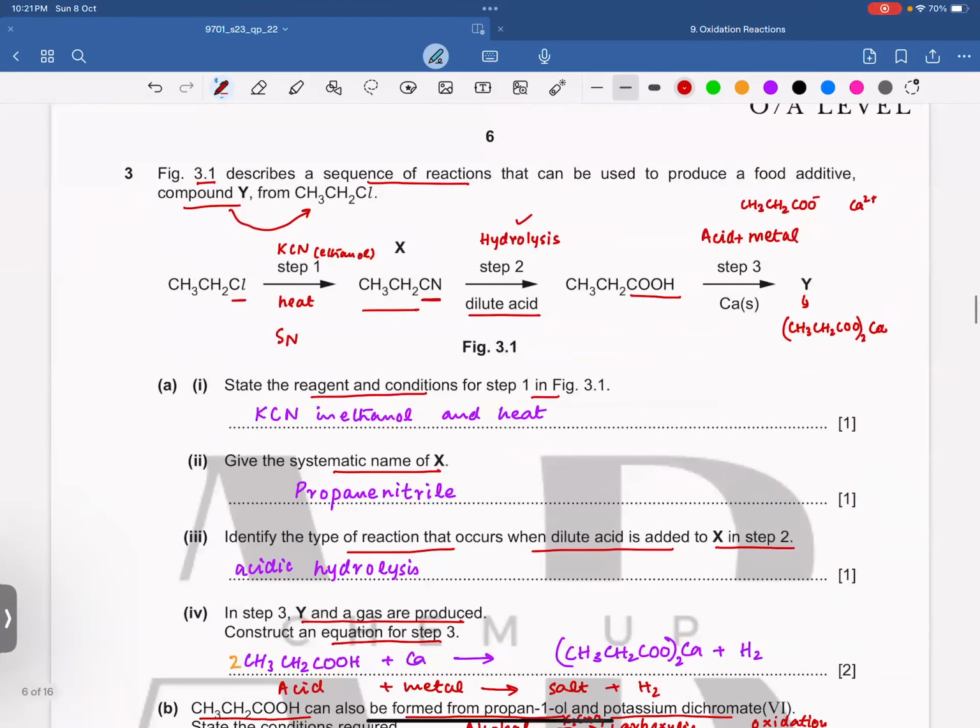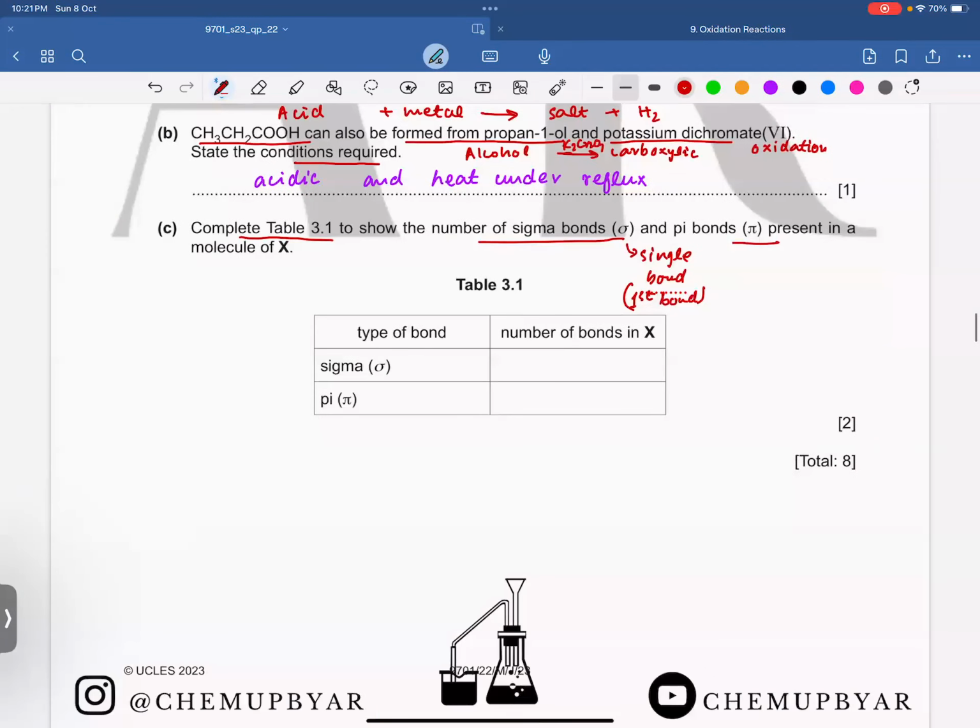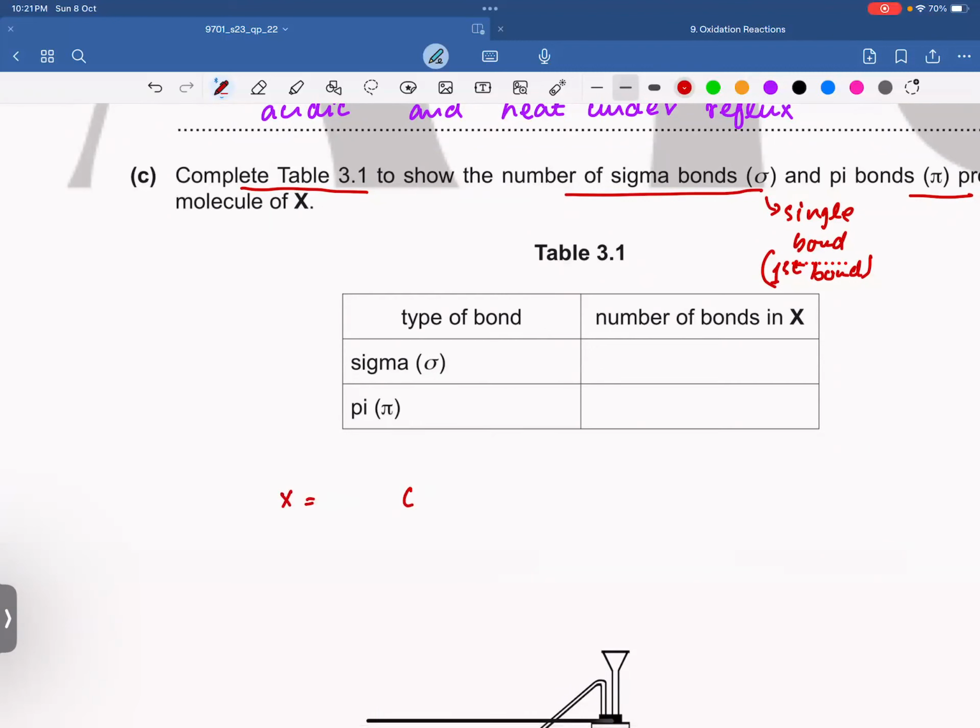If I show the displayed formula of X, then there are 3 carbon atoms, and one carbon atom has a triple bond with a nitrogen. The second carbon has 2 hydrogens, and the third carbon has 3 hydrogens. Now, how many pi bonds are there?